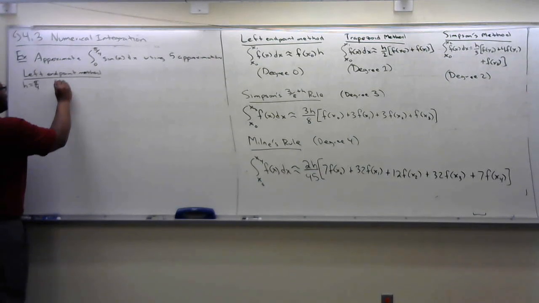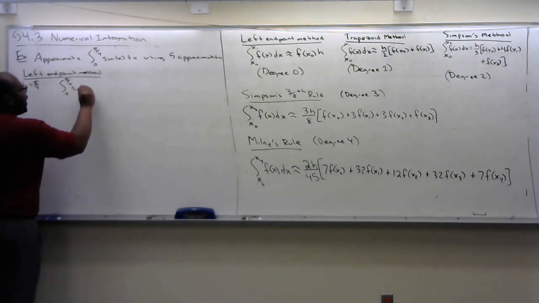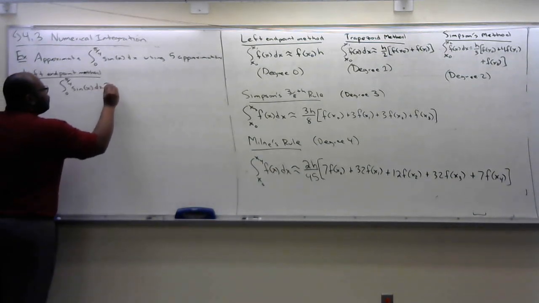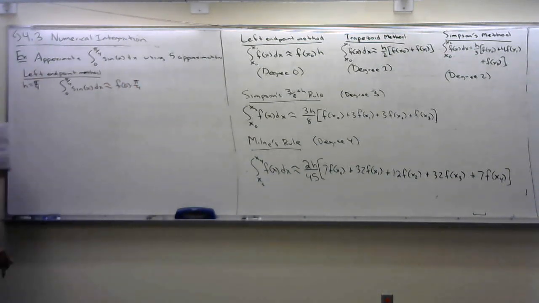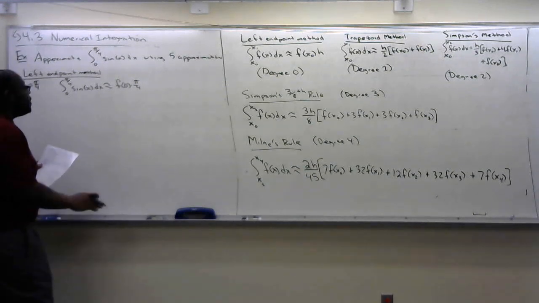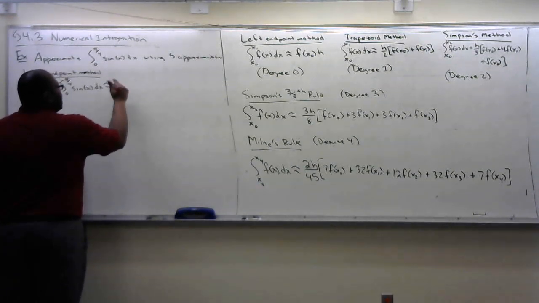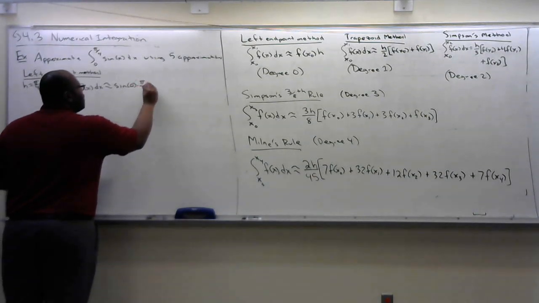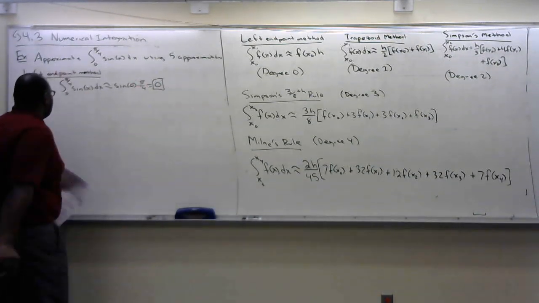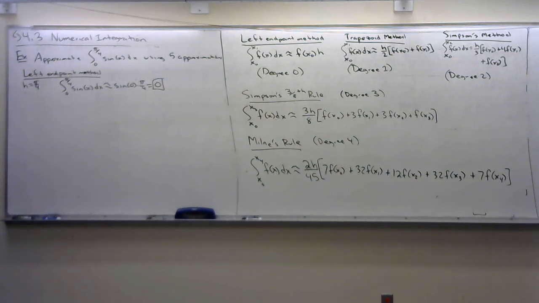So the integral from 0 to pi over 4 of sine of x dx is approximately equal to f of 0 times pi over 4, which is sine of 0 times pi over 4. Sine of 0 is 0, so I get 0 for my answer.